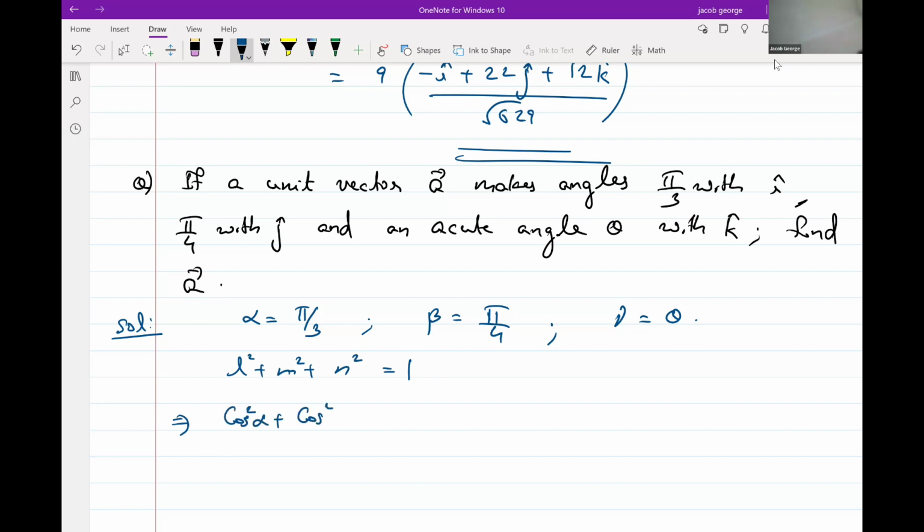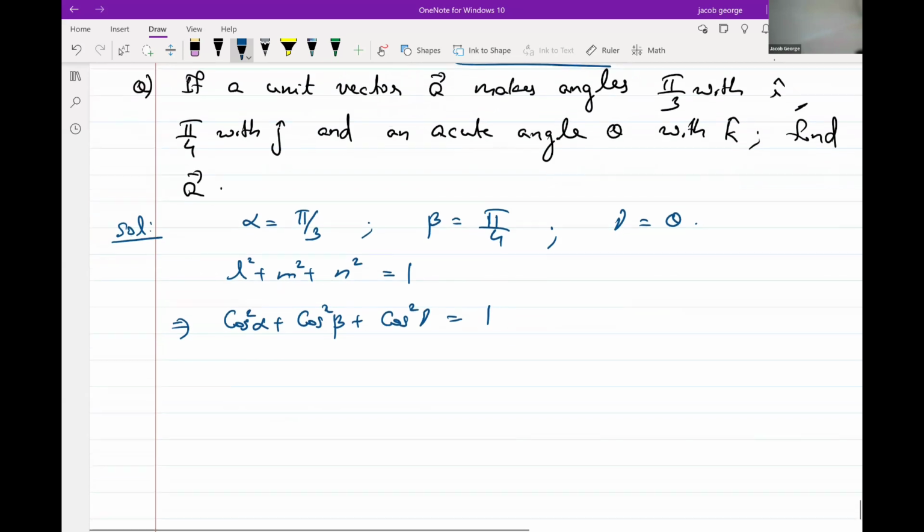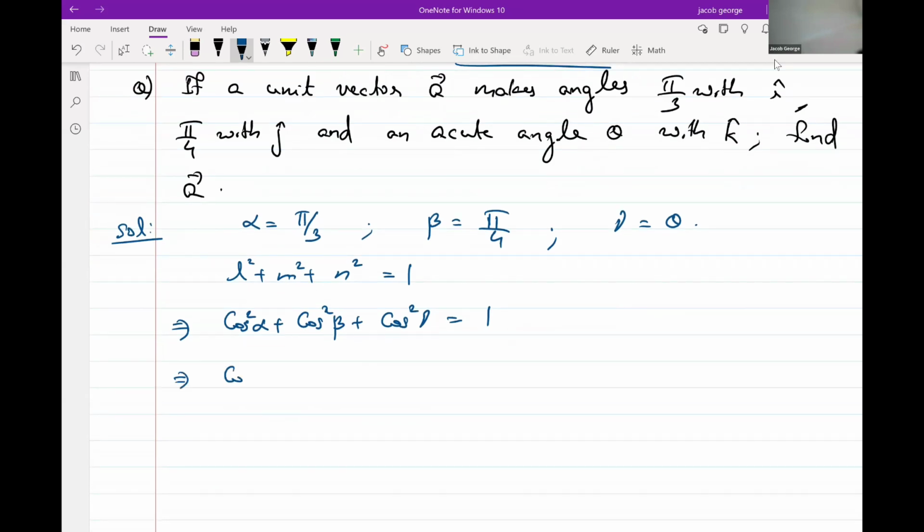That is cos square pi by 3 plus cos square pi by 4 plus cos square theta is equal to 1.